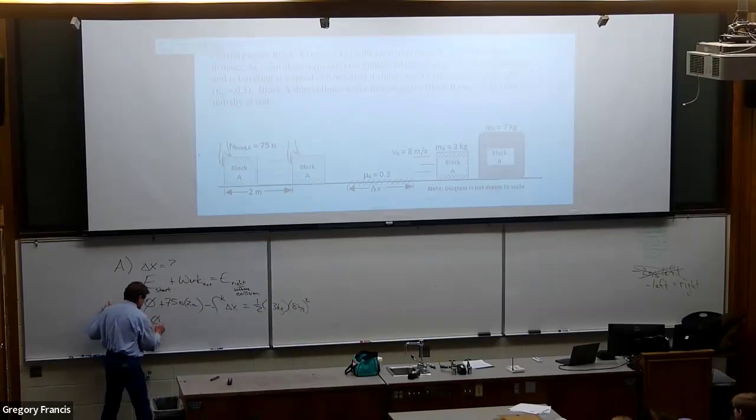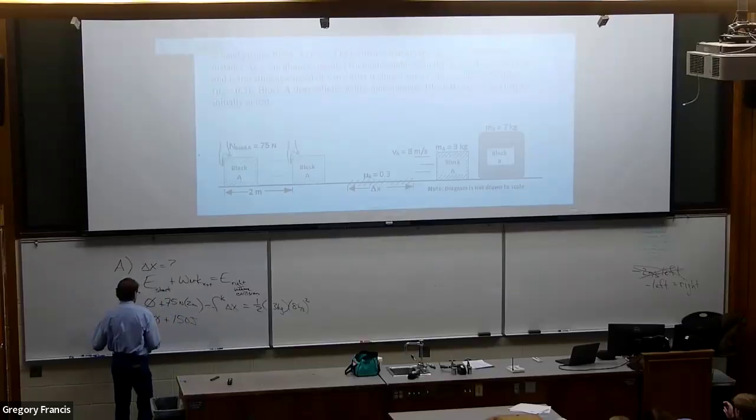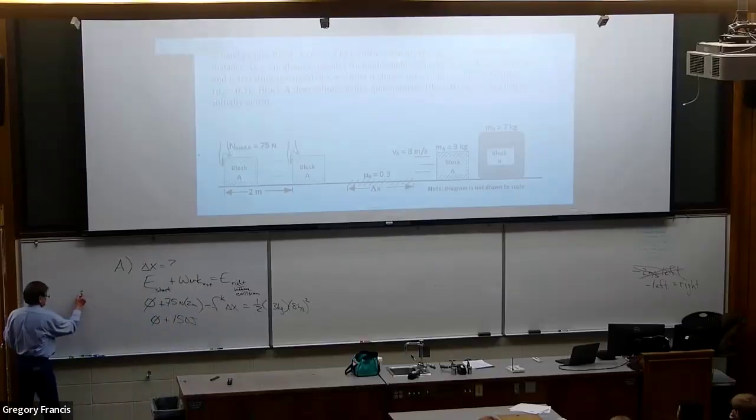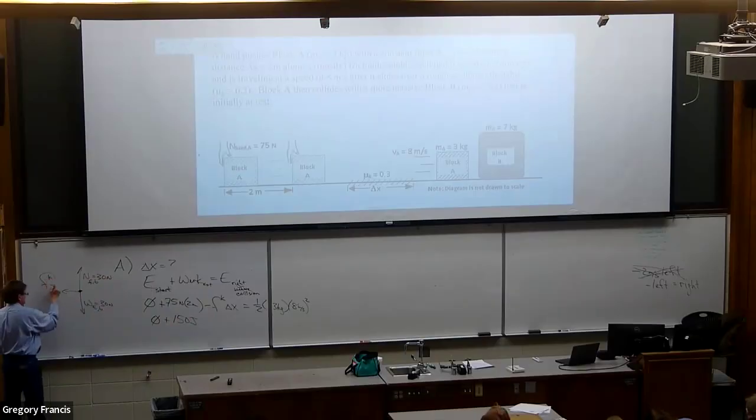Okay, so I start with 0. I add 150 joules. And then, what's that friction force? Anytime I'm looking for a force, I draw a free body diagram. I've got the earth on the block, that's 30 newtons. It's on a level surface, so the normal force by the floor on the block would also be 30 newtons. And so the friction force, because it's kinetic friction, would be mu sub k times the normal force. That's 0.3 times 30 newtons, or 9 newtons.